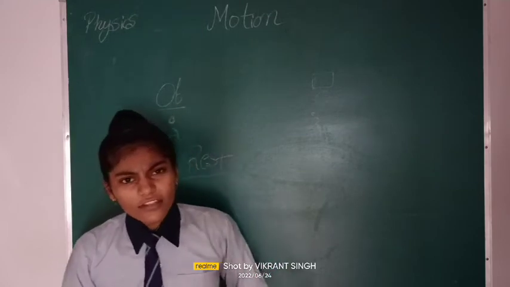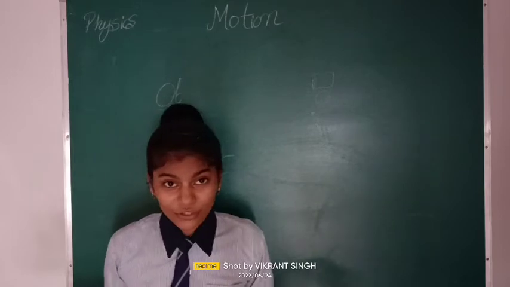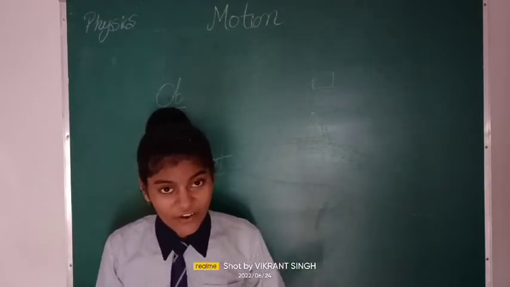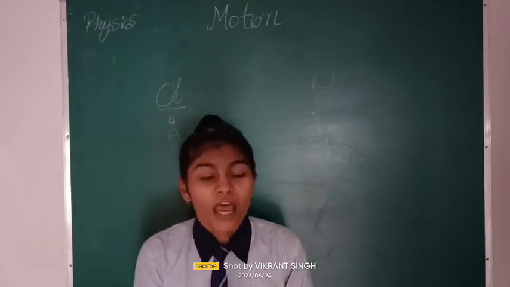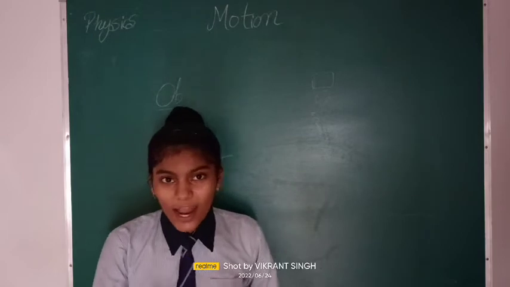Now, the second thing is that we all studied in our textbook that motion and rest are relative terms. Why are motion and rest relative terms? A very important question, and it also came in exams.